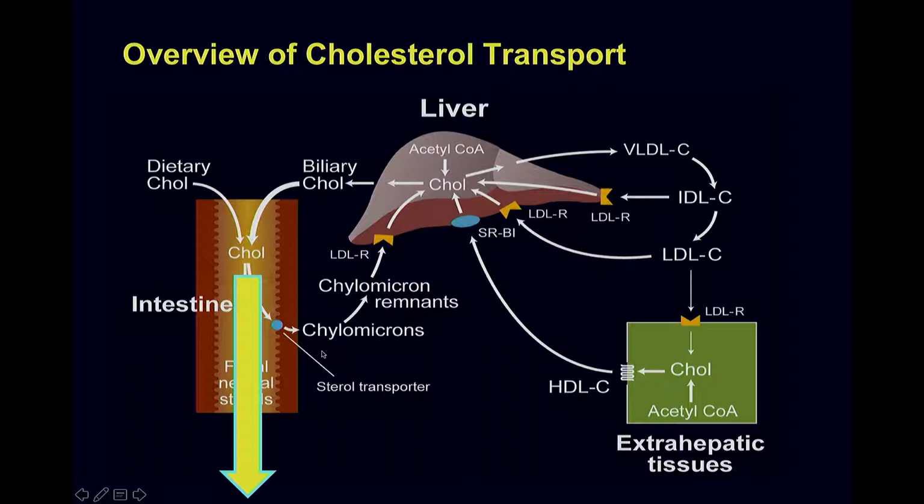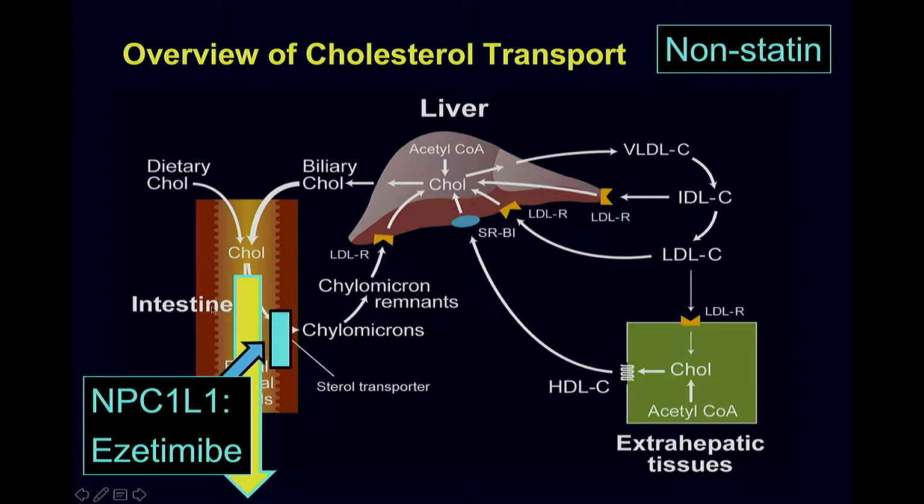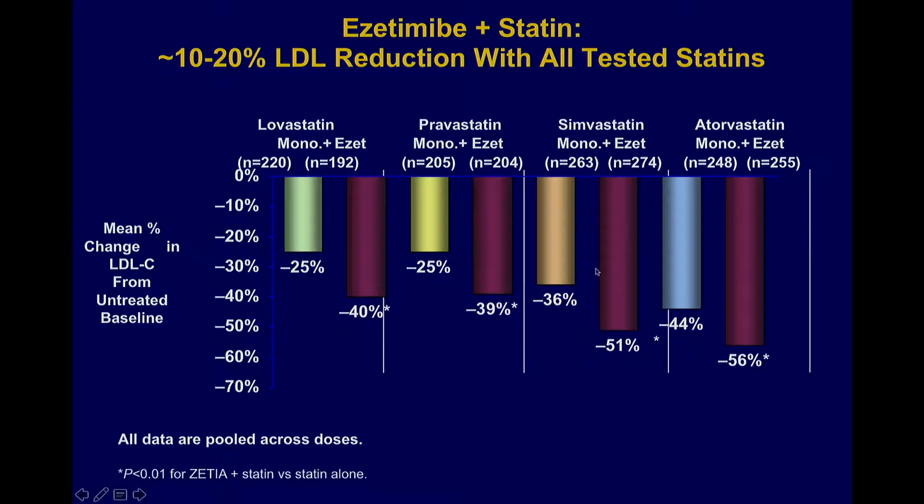That's how cholestyramine bile acid sequestrants work. But a new target came along in the form of NPC1L1, which is the target of ezetimibe, which is not a statin. And what the evidence showed that when added to any statin, ezetimibe adds about another 15 to 20% LDL lowering, independent of statins.